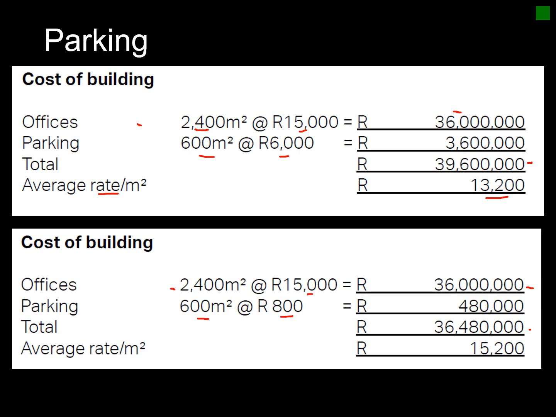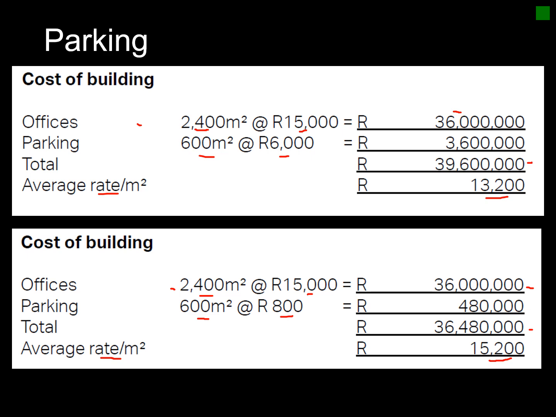Okay, so that's more or less what it works out at. But remember, now your rate per square meter is divided by 2,400 square meters and not the total 3,000 square meters. So your rate per square meter works out higher because you're working with your building's square meter rate and not your parking. Okay.